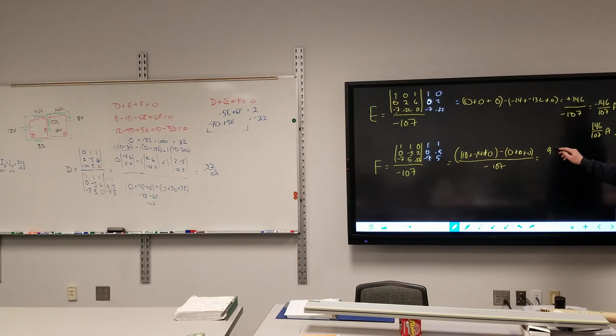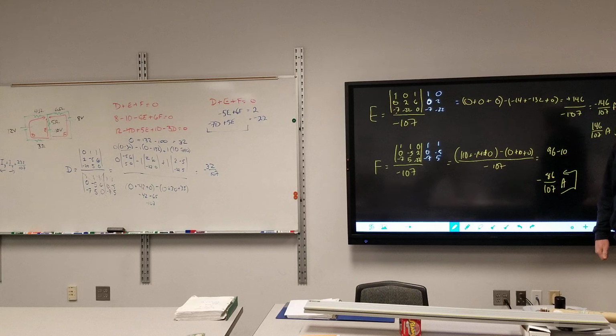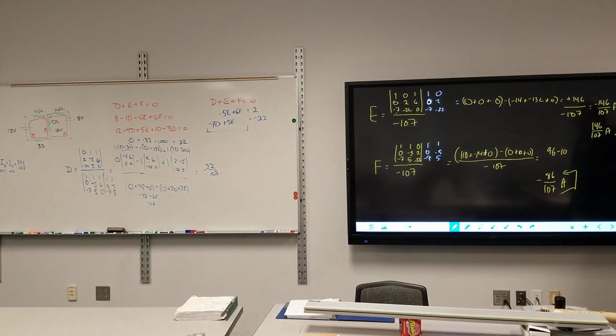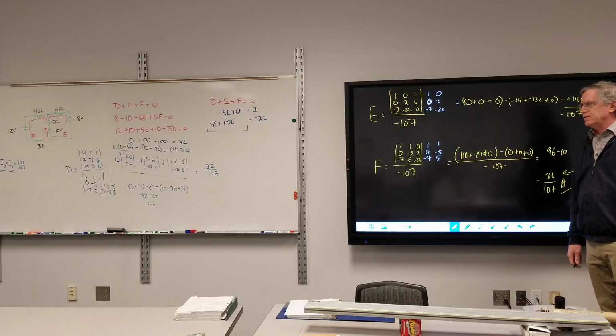So I have 96 minus 10, so I have 86, negative 86 over 107 amperes, basically going that way. And what did we get before? 86 over 107.